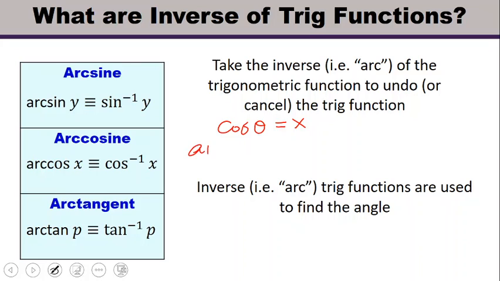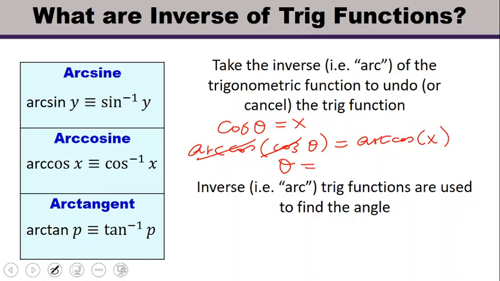So I'm going to take arccosine of cosine theta equals arccosine of x. This arccosine will take out the cosine. So at the end of the day, I will just have theta equals arccosine of x.